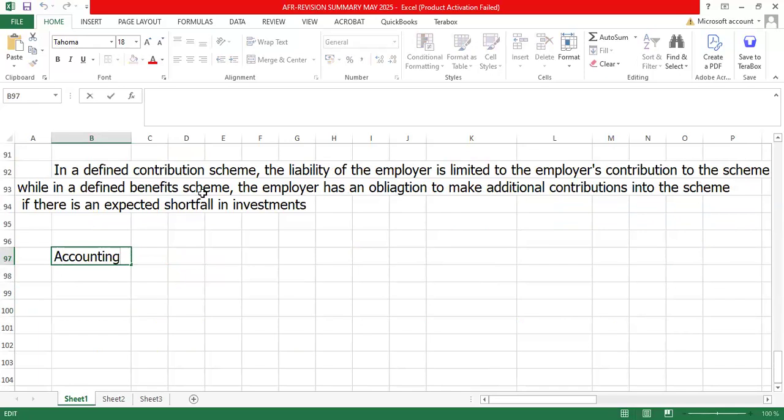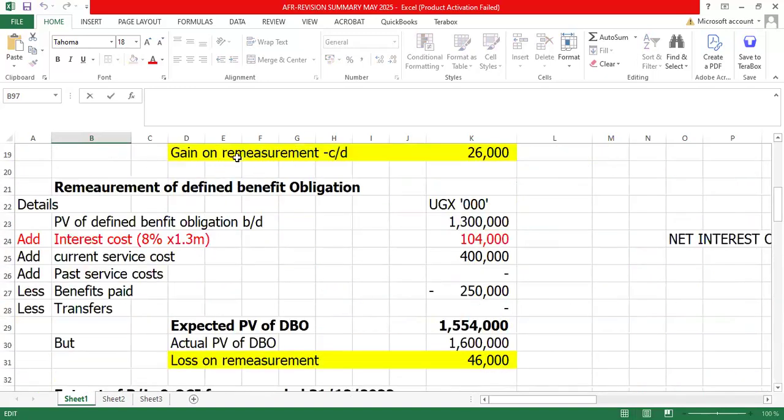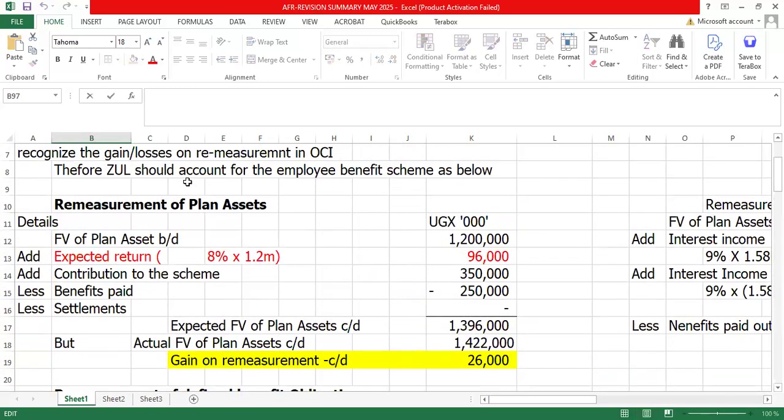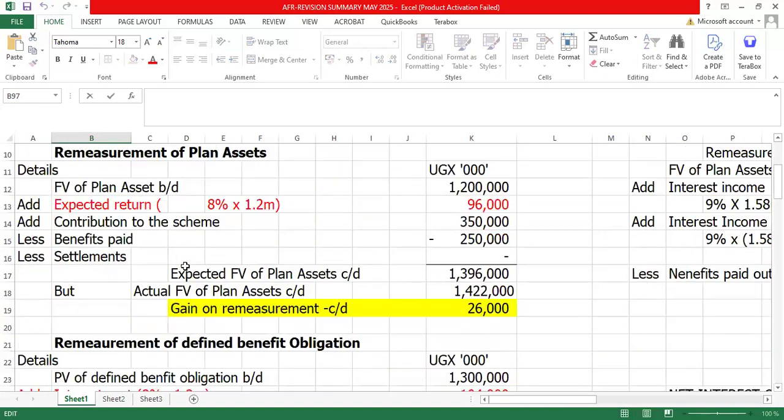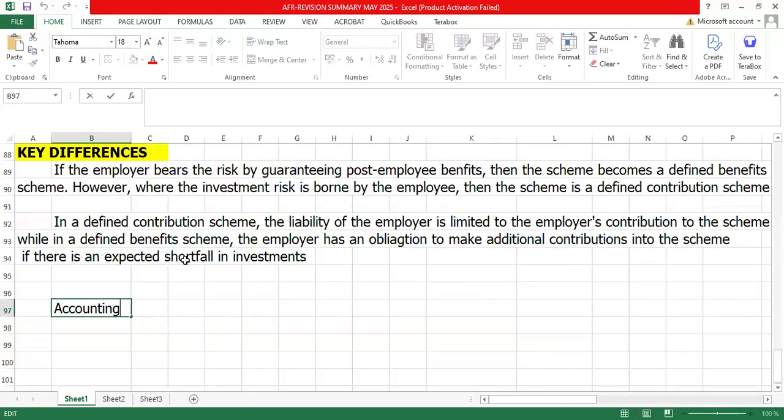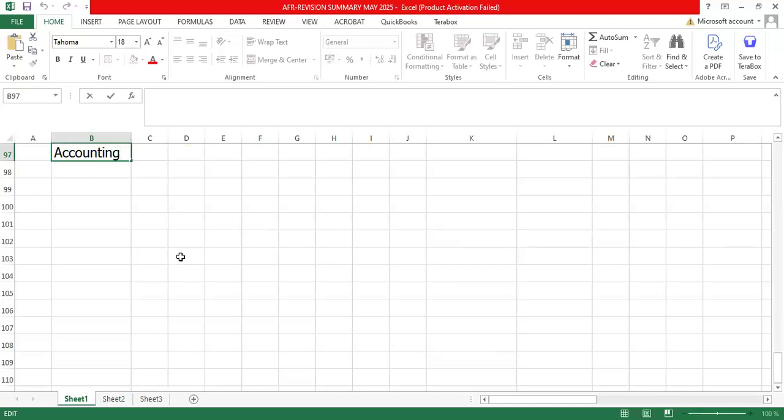Because what we are doing here, colleagues, this one, remeasurement of plan asset, remeasurement of defined benefit obligation, is related to a defined benefit scheme.